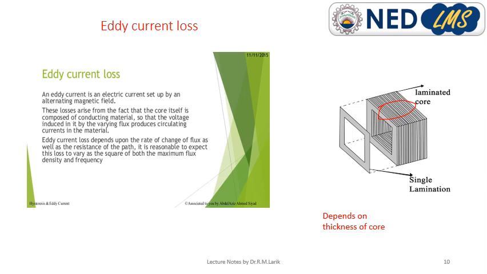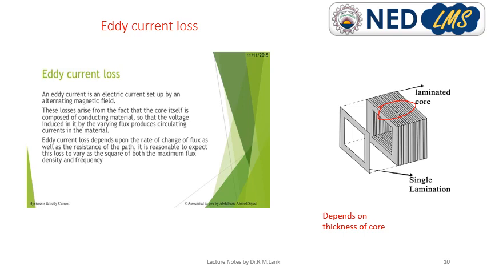What is eddy current? When flux links with that core, a voltage is induced inside the core, because Faraday's law says when a variable flux links to a core, a voltage is induced, and due to the induced voltage, a current will pass. So an eddy current will pass inside the core.